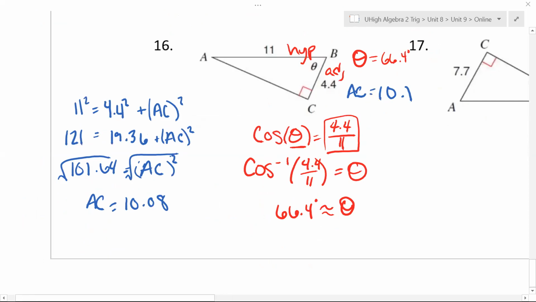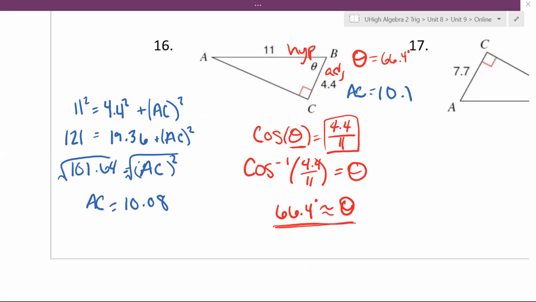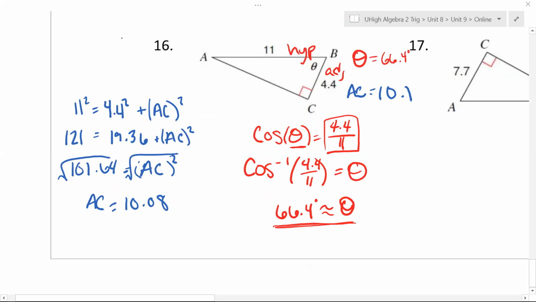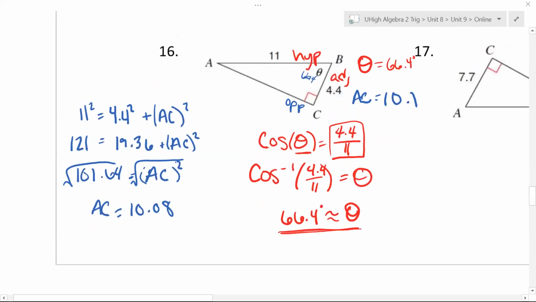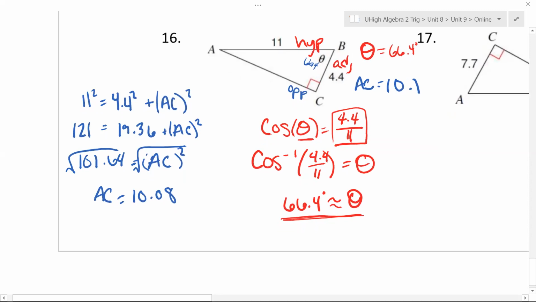The other thing I want to point out is if you did find your theta value first, you could now use another trig function to find your value for AC. If I know that this is 66.4, then I know my opposite side is what I'm looking for, and I know my adjacent and my hypotenuse. So I could use either my sine or my tangent function.